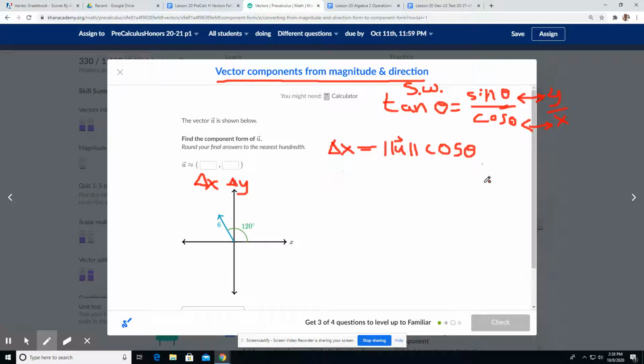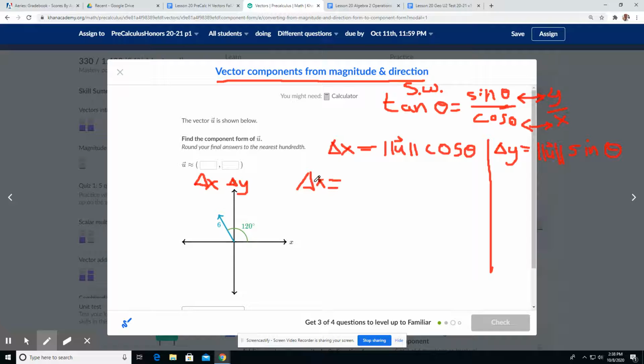The same idea for y: the change in y is going to be equal to the magnitude of whatever vector they gave us times sine of theta, since y corresponds with sine. And theta is your direction angle. We're just plugging those in, and that gives us the change in x and the change in y.